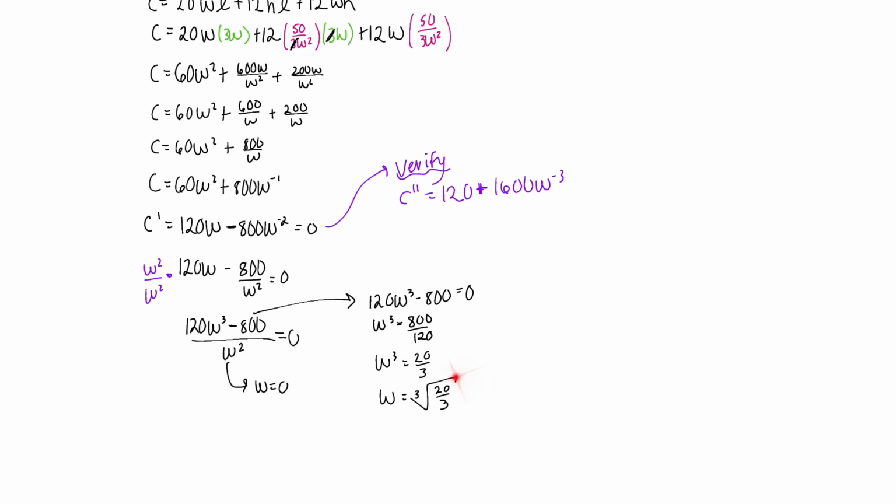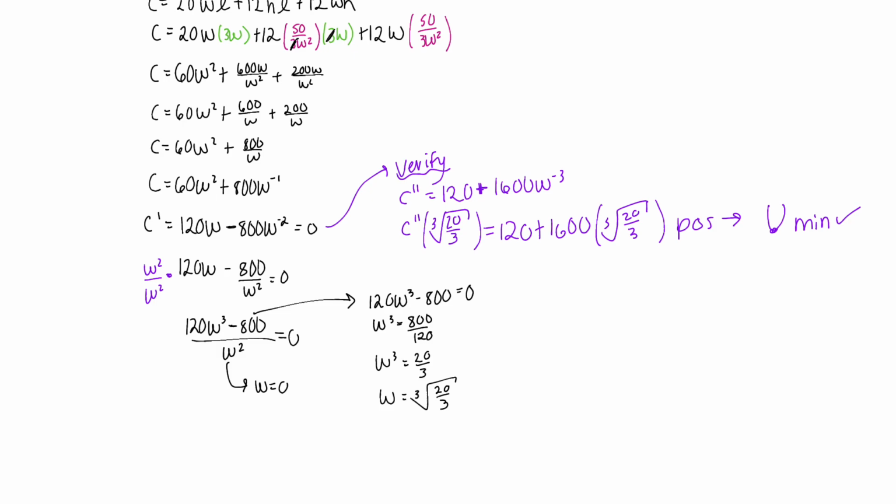You're plugging in this value here. So it's 120 plus 1600 cubed root of 20 over 3. And here's the thing, I don't need to actually plug this in to know it's positive. You have a positive plus a positive times a positive. This is clearly going to be positive. Positive would mean you're concave up, which means you have a minimum, which was what we were looking for. So we know that that works.